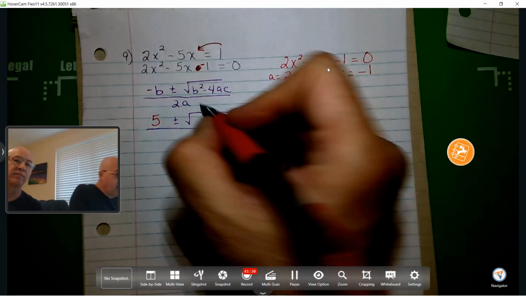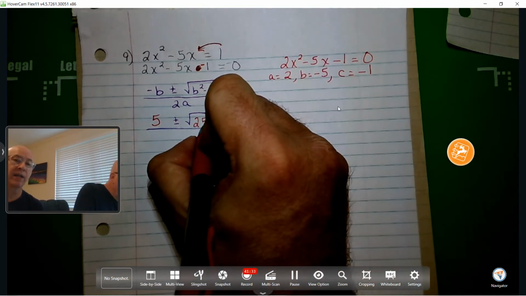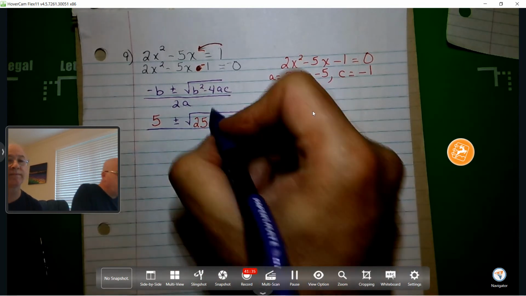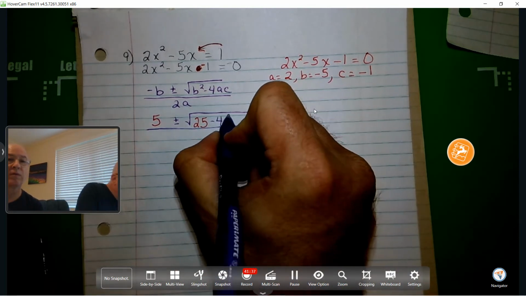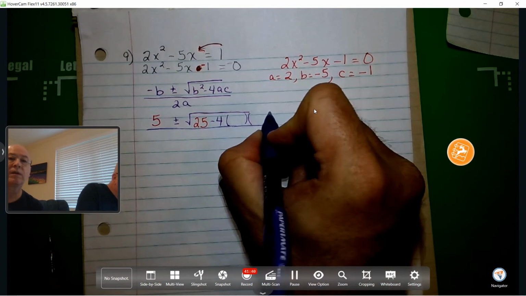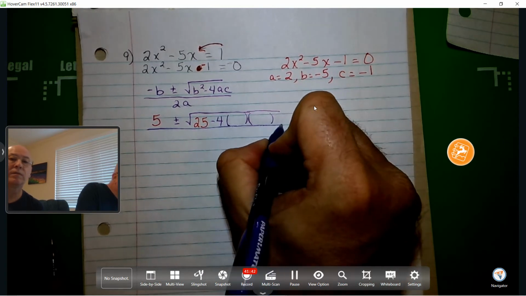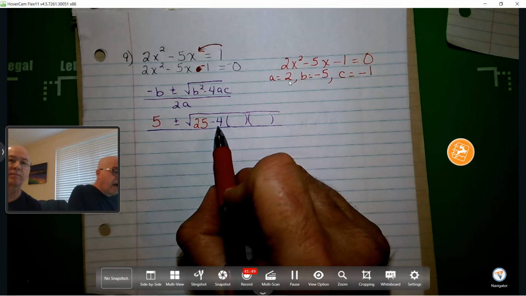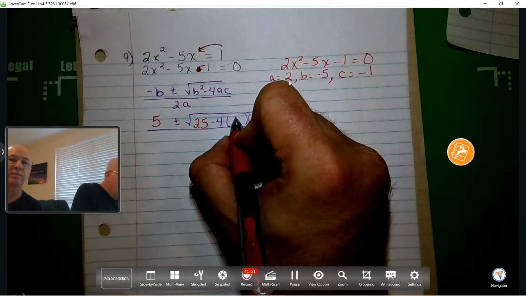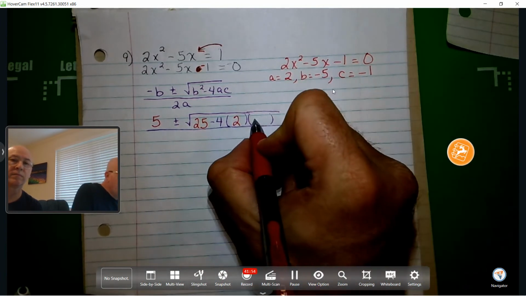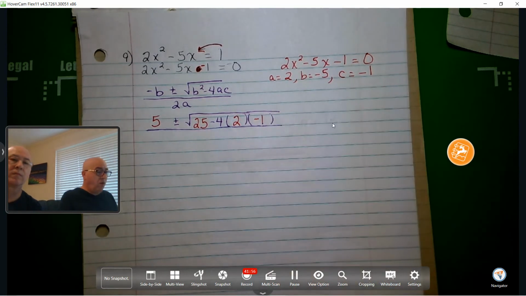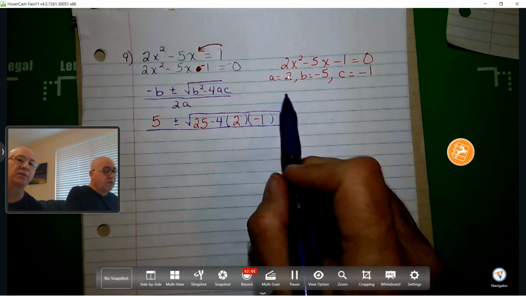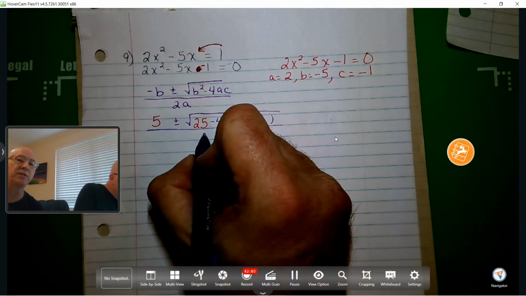Negative 5 times negative 5, that's a 25. Negative times negative is positive again. Minus 4 times A times C. You might notice I put parentheses there, but I don't do the parentheses when I'm punching it into my calculator. I just hit times. Minus 4 times A times C, all over what number's going to be in the bottom? 2 times A, 2 times 2 is 4.